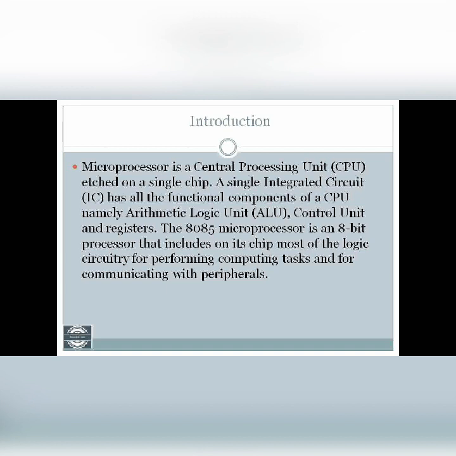I already told you several times, this is an 8-bit microprocessor. So if it is 8 bits, then obviously this 8-bit microprocessor has an 8-bit data bus, and just double of that for the address bus. That means a 16-bit address bus and an 8-bit data bus.